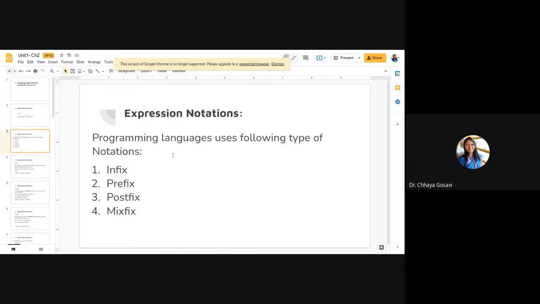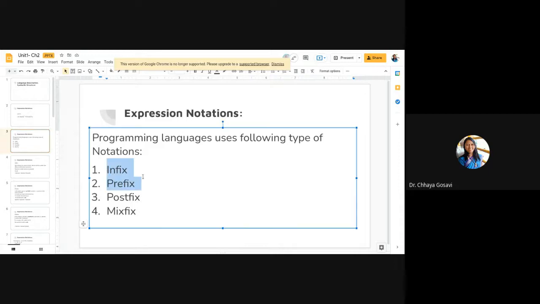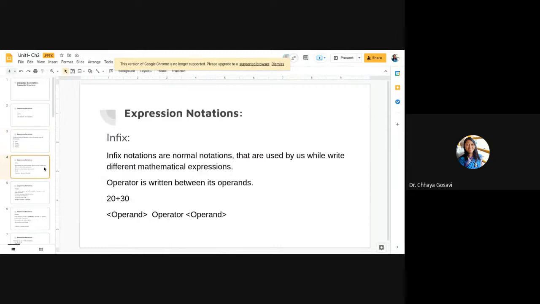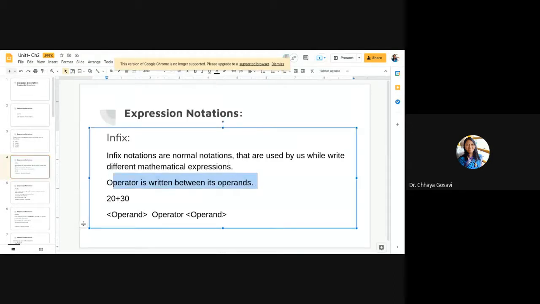These are the various expression notations available. In any programming language, we use the following types of notations: infix, prefix, postfix, and mixfix. As the name says, infix means the operator should come in between. Infix notations are the normal notations used by us while writing mathematical expressions. The operator is written between its operands. 20, then operator, then 30.